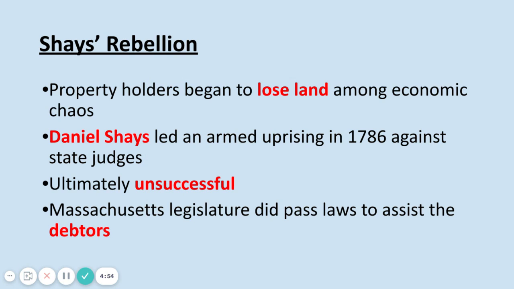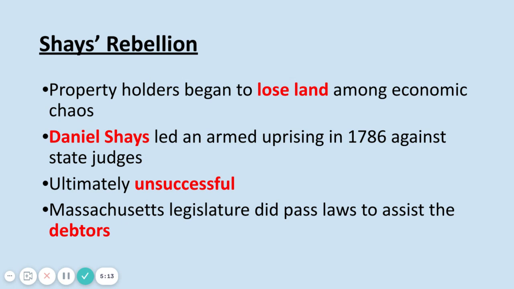If you want to draw back and think about it a second, you should remember learning about Shays' Rebellion in 8th grade. I know it's been a minute. Shays' Rebellion was a group of farmers who were tired of struggling. This is just a handful of years after the revolution is over.